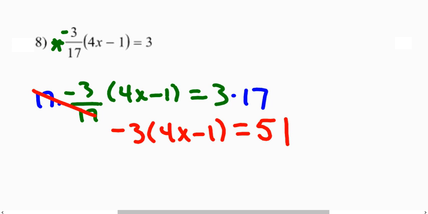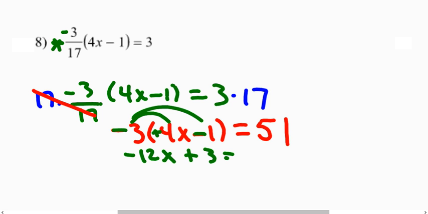And now I have to distribute. Negative 3 times positive 4 is going to give me negative 12x. Negative 3 times negative 1, so I have a double negative going on there, that's going to give me a positive 3 equals 51.